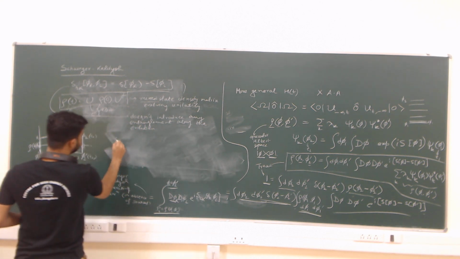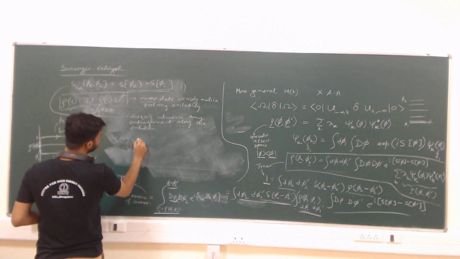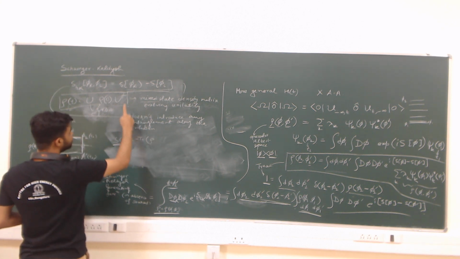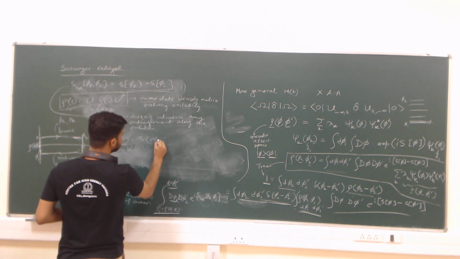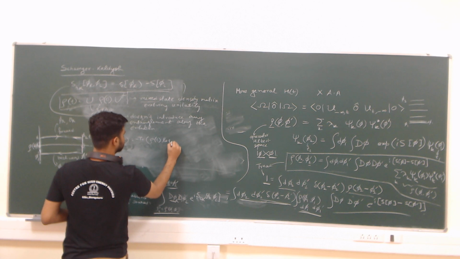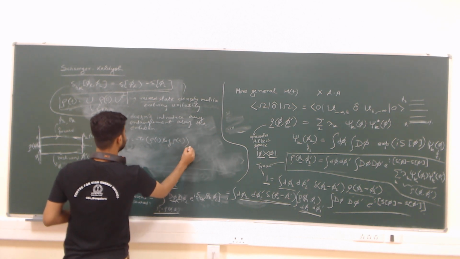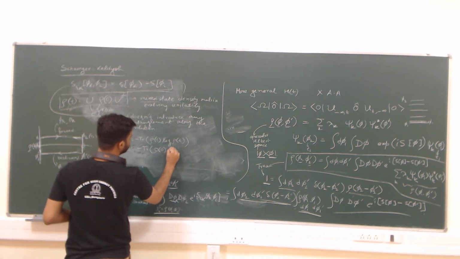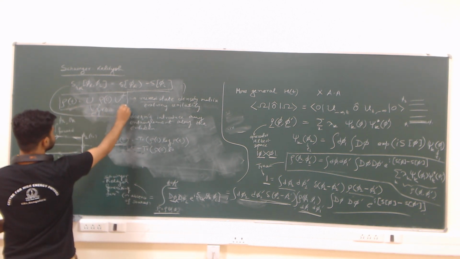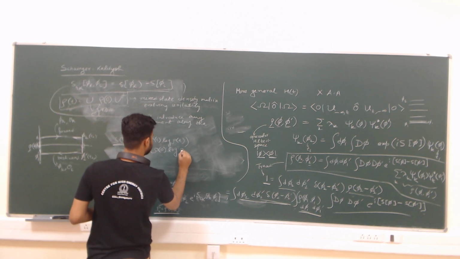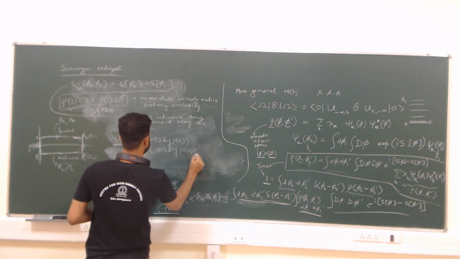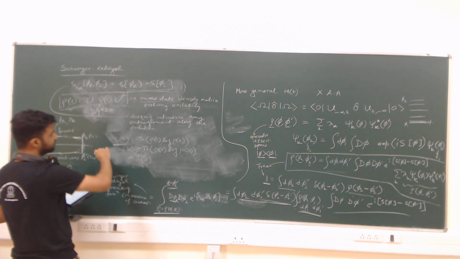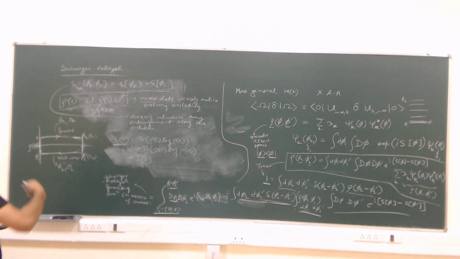In other words, you can write the entanglement entropy at time T for this kind of unitary evolution of a density matrix. This one can be shown to be equal to that of rho 0; you just have to use this thing. The entanglement entropy does not really change, which means that it does not introduce any further entanglement.